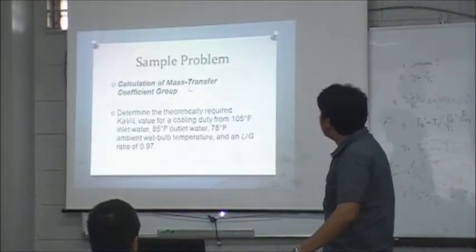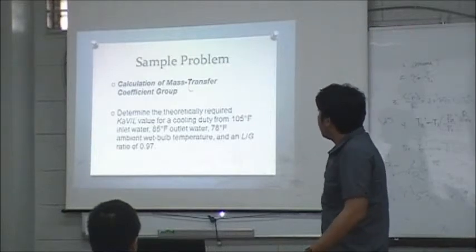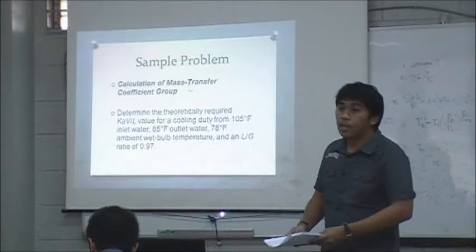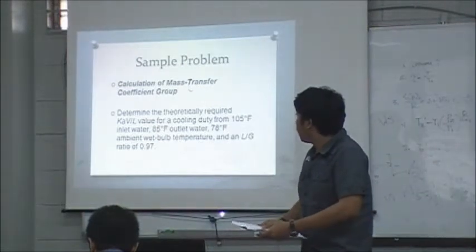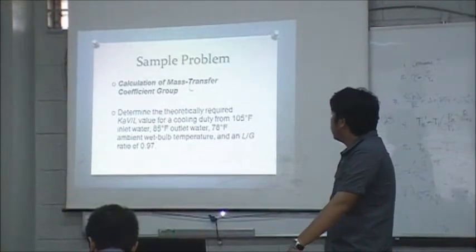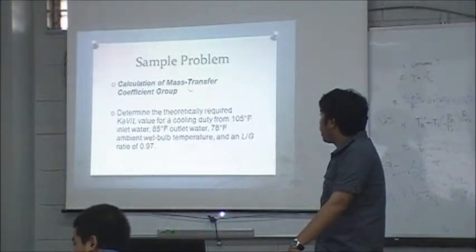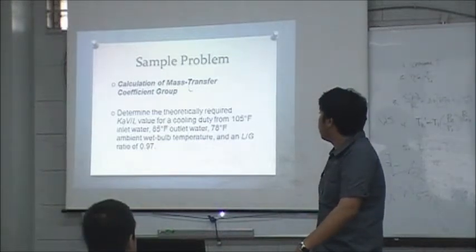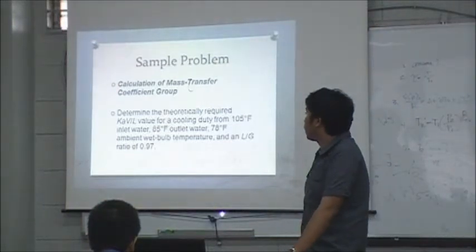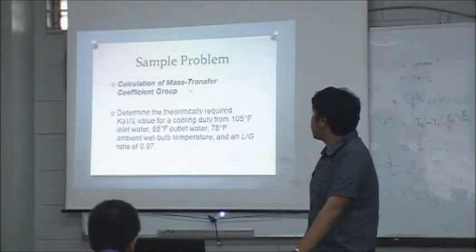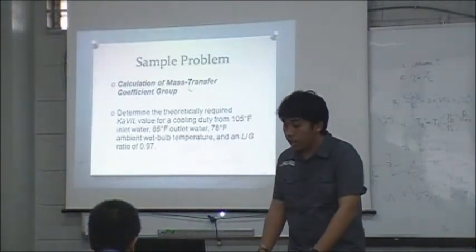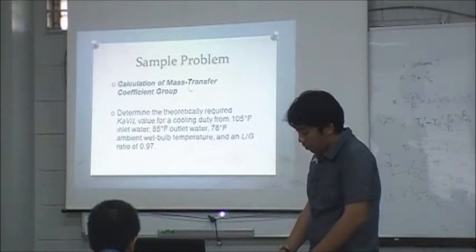In order to make it better, a sample problem will be presented. This problem is taken from Perry's Chemical Engineers' Handbook, 7th edition. Determine the theoretically required KaV over L value for cooling water from 105 degrees Fahrenheit inlet water, 85 degrees Fahrenheit outlet water, 78 degrees Fahrenheit ambient wet bulb temperature, and an L over G ratio of 0.77.